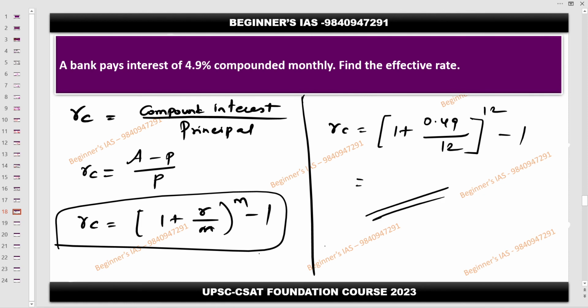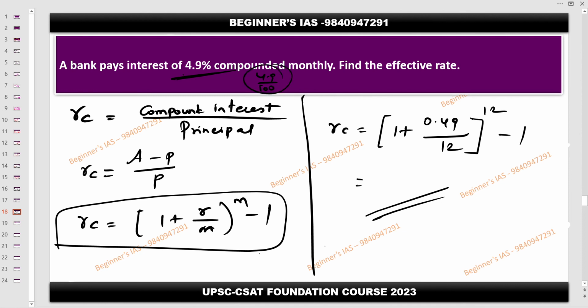It's quite difficult to solve, and I'm just giving you a hint on how to proceed with this kind of problem. Then why is it 0.49? 4.9 can be 4.9 divided by 100, no?